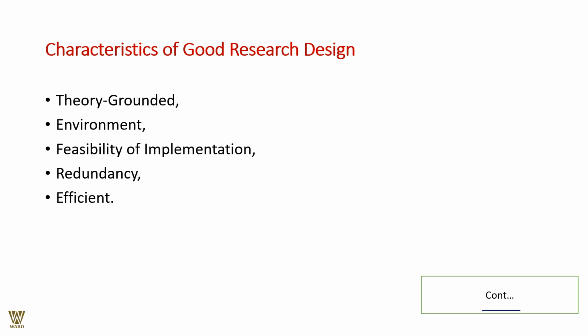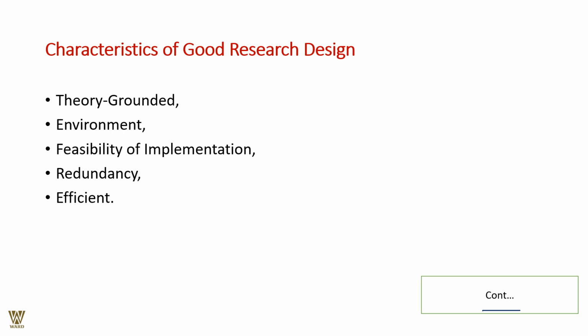Obviously, yes, we cannot do research on space with only layman's equipment or machineries. We need to have high-end scientific equipment for making space exploration and research out there. So you need to understand what is feasible, what is at your disposal, and based on the feasibility of implementation, your research design should be worked upon.